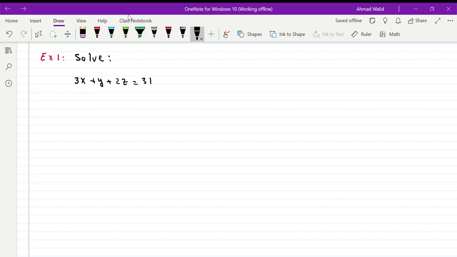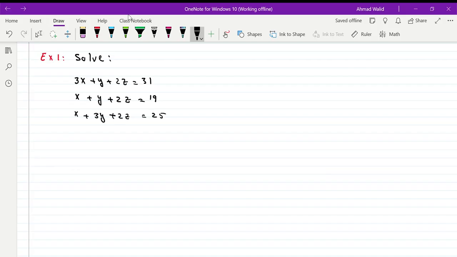Your second equation, x plus y plus 2z equals 19. And your third equation, x plus 3y plus 2z equals 25.